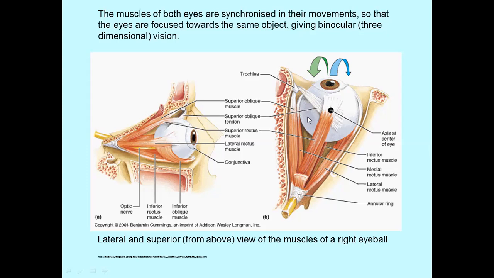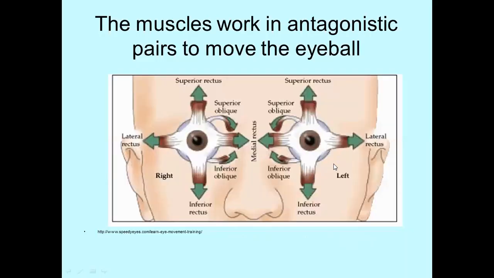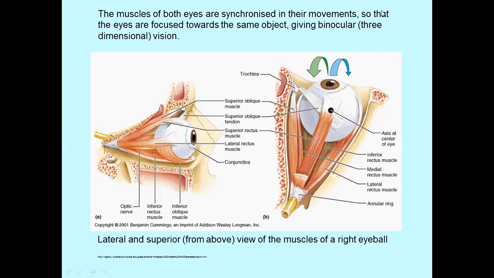So if I said to you, look at your nose, then that would be the medial rectus. And if I said to you, look towards your right side without turning your head, then that would be the lateral rectus. Okay, so medial, lateral rectus, superior, inferior rectus.